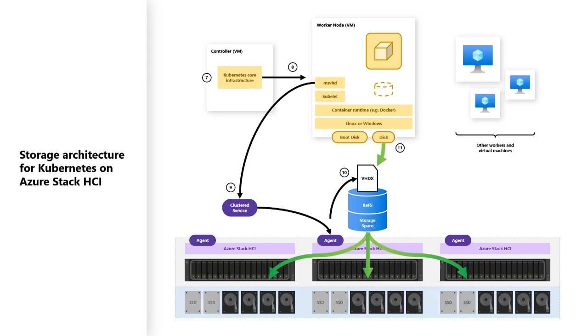That VHD file is attached to the worker node where Kubernetes is going to schedule the pod. And so in this case, it's the worker node that we've drawn in big here, right? That's where the pod's going to go. And so that VHD will be connected to that VM as a disk. It will be discovered inside. It'll be formatted if it's not already, either with ext4 if it's Linux or with NTFS if it's Windows.